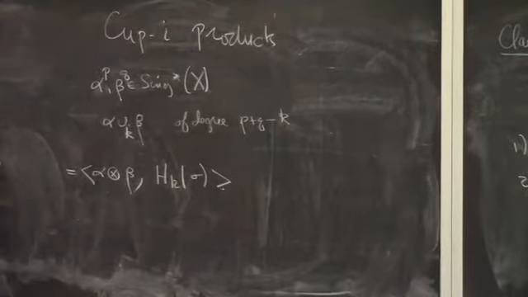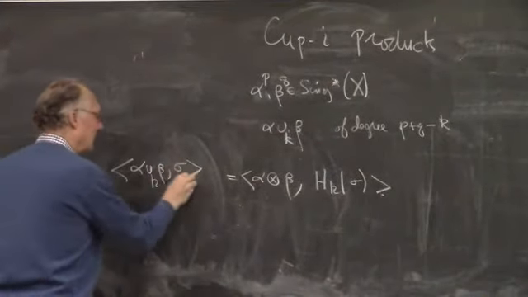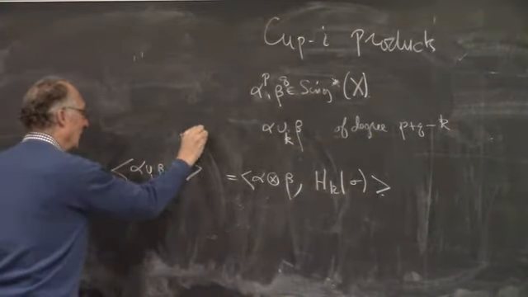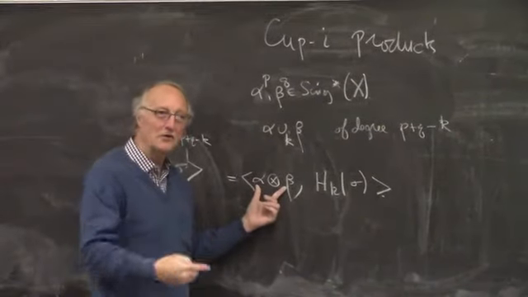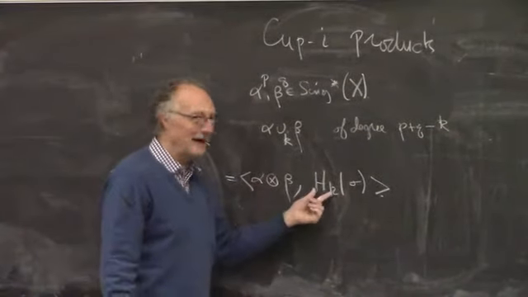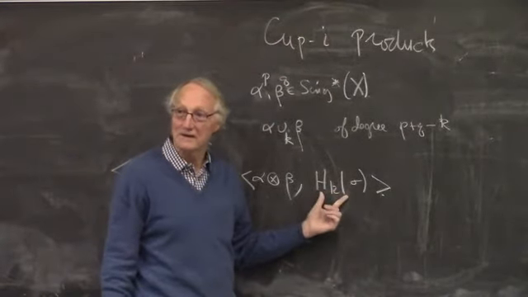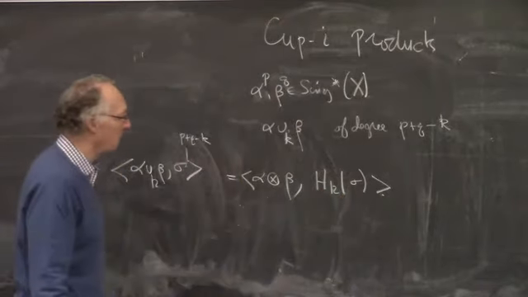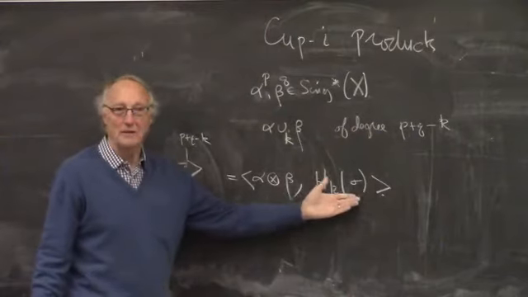The value of this cochain on a sigma, which will be of degree P plus Q minus K, is this tensor product, which is of degree P plus Q, evaluated on HK of this P plus Q minus K simplex. That'll also be an element of total degree P plus Q. If you take K equal to 0, you get the usual cup product.